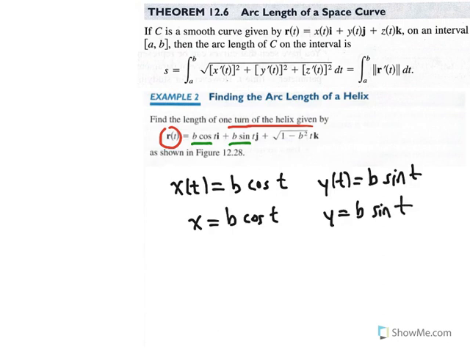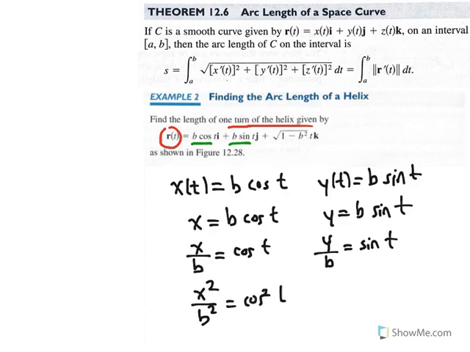And I can divide each side of my equation for x by b. I can divide each side of my equation for y by b. And I can square each of these two equations, and I'll get x squared over b squared is equal to cosine squared t. y squared over b squared is equal to sine squared t. Of course, we have the Pythagorean identity, sine squared t plus cosine squared t.